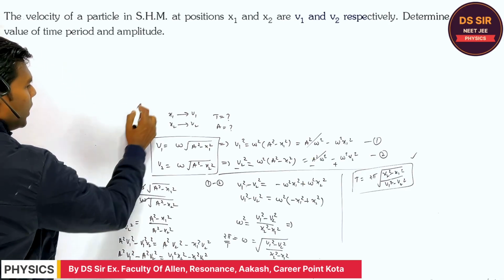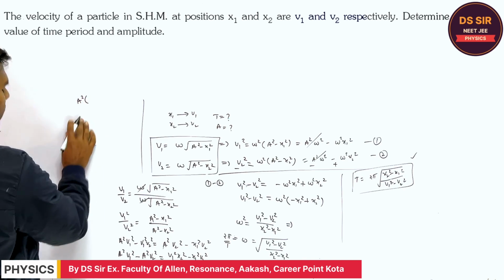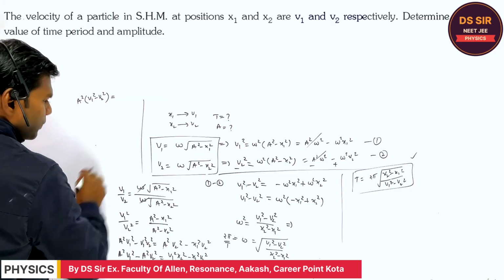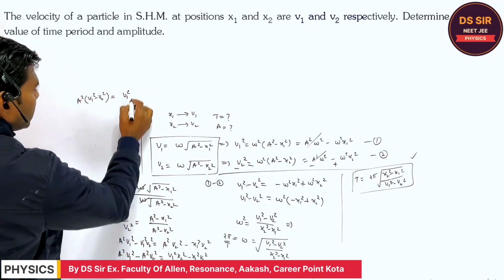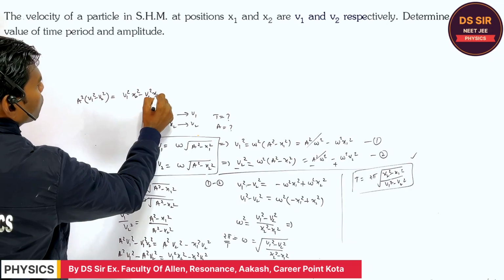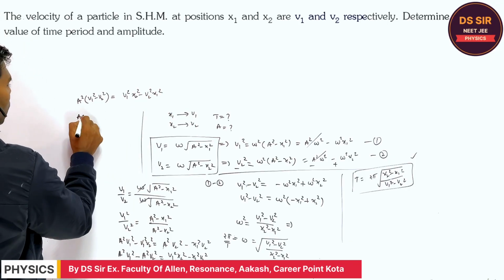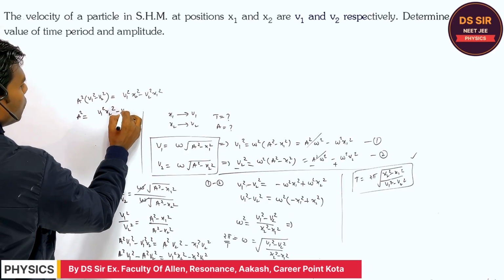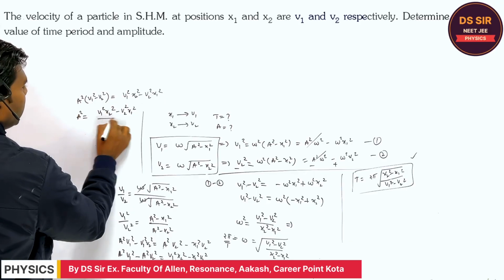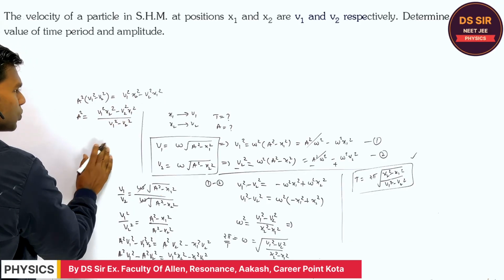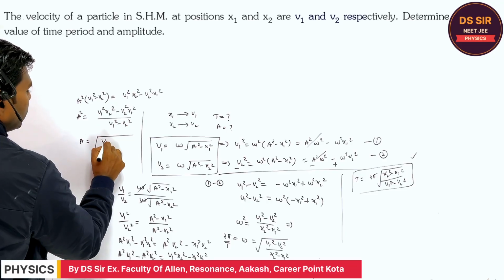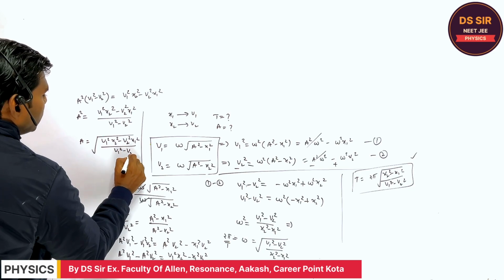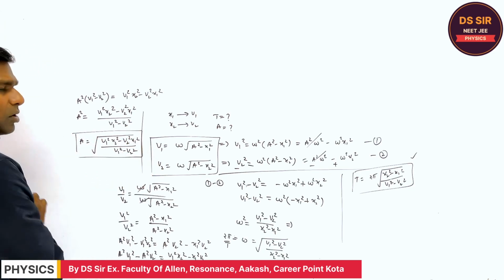If you take a squared common, you will get (v1 squared minus v2 squared) is equal to v1 squared x2 squared minus v2 squared x1 squared. So what is the amplitude? The amplitude is the square root of (v1 squared x2 squared minus v2 squared x1 squared) divided by (v1 squared minus v2 squared). Is it clear or not?